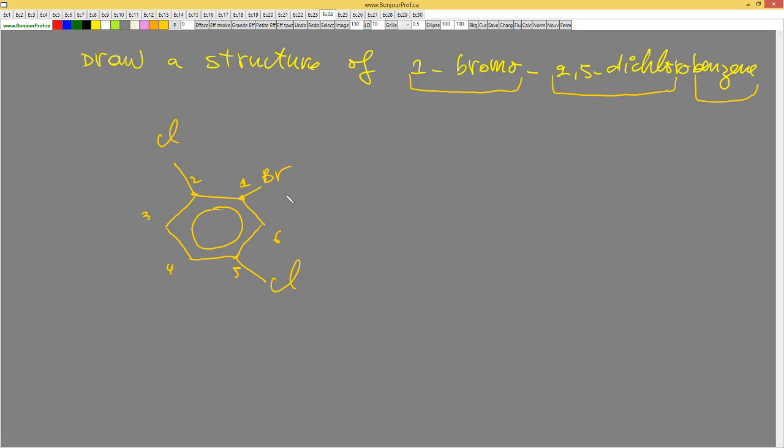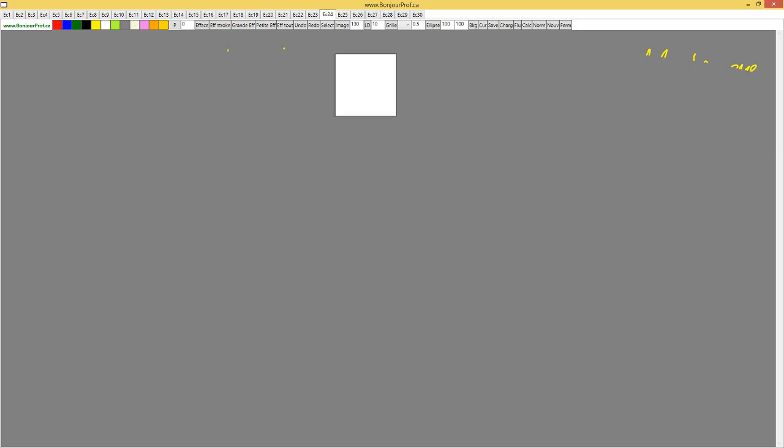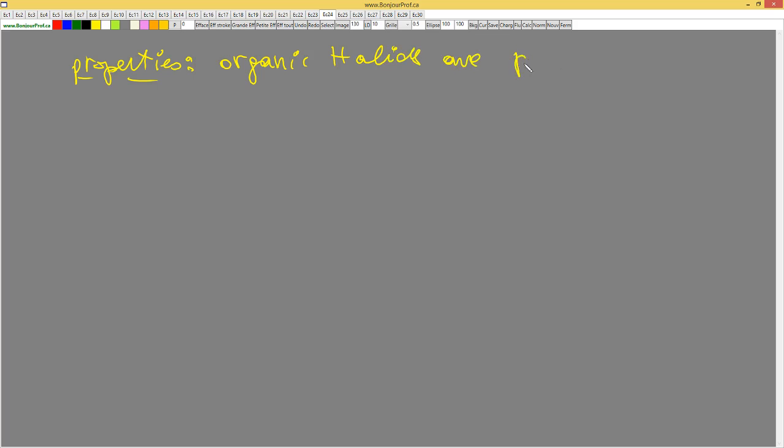What are the properties of organic halides? The organic halides are polar molecules. What does it mean? It means that you will have a higher melting and boiling points compared to the alkanes. So properties of organic halides: they are polar.